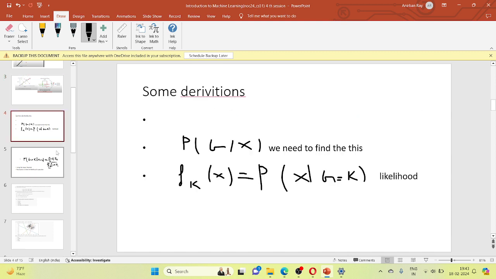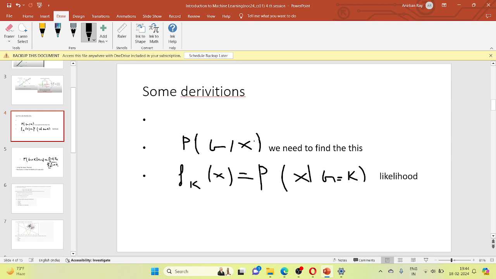And in the lecture videos that you have, one type of intuition is that we are trying to find the probability of occurrence of the class G with respect to the data.